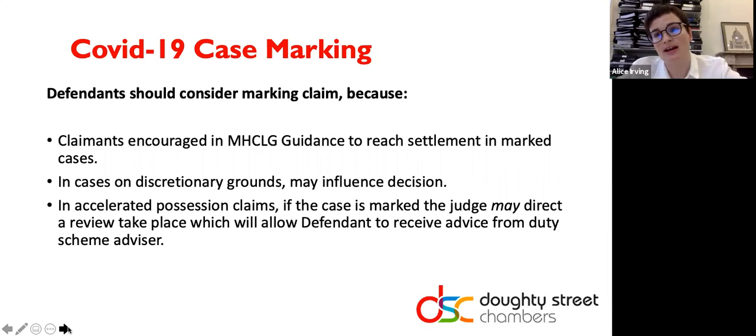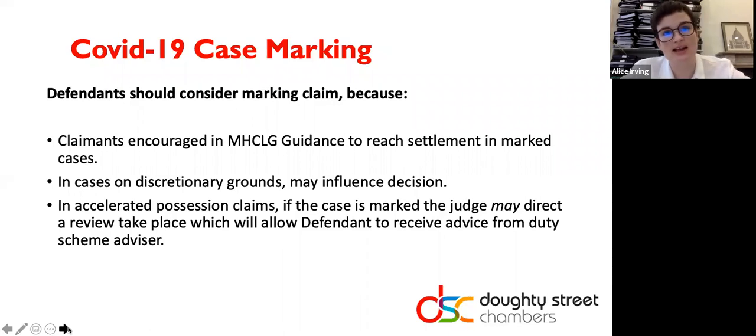So if we're able to indicate to people who've received notice of a claim being brought against them that they maybe should think about case marking, it might make a bit more space for them to access some of the new free legal advice that's been provided in relation to review dates and so forth. So it's just something that's worth considering in accelerated possession claims.